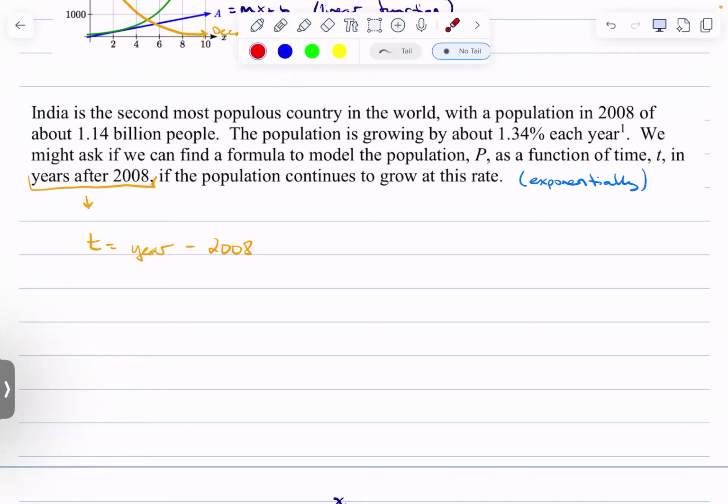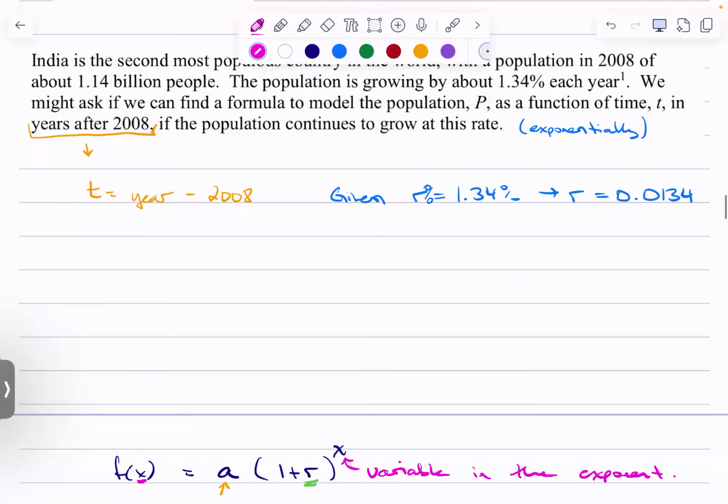So we've defined T as the year minus 2008. And now we're given the rate. So we're given R is 1.34%, which means that R is going to be 0.0134. Maybe I'll do R% as a percentage.